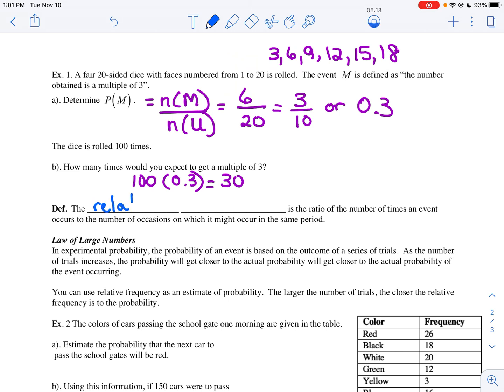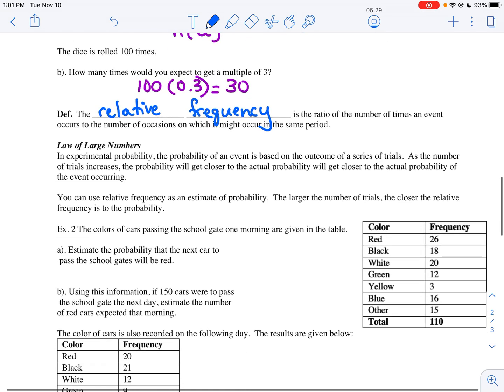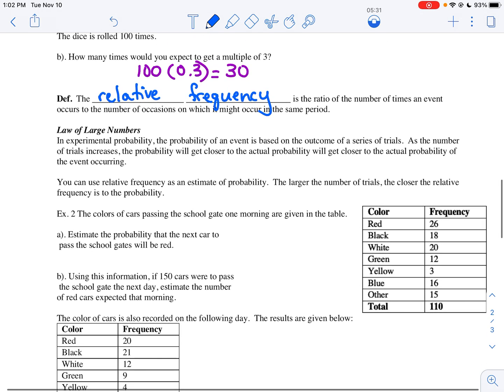All right, we have something called a relative frequency. A relative frequency is the ratio of the number of times an event occurs to the number of occasions on which it might occur in the same period. We also have the law of large numbers. In an experimental probability, the probability of an event is based on the outcome of a series of trials.